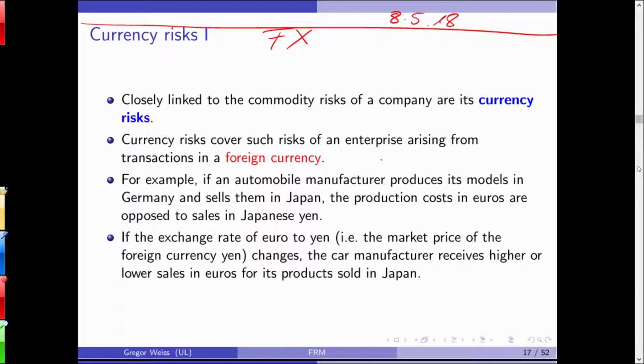So if the currency rate changes, you will probably lose some money, or you might also make a small profit. But the profits and the revenues are more volatile due to foreign currency risk.